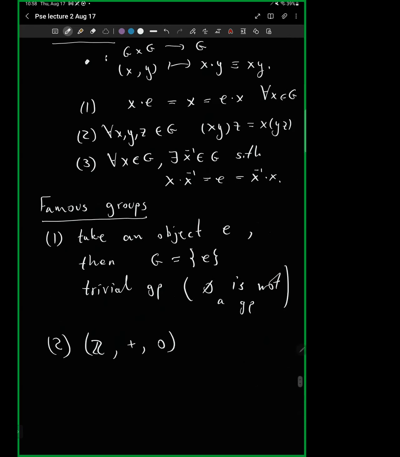Now, I need to tell you what is the inverse. So the inverse of x in Z is simply minus x. So you see, when we deal with the integers, it is more natural to denote the binary operation as plus, the unit element as 0, and the inverse of x as minus x.